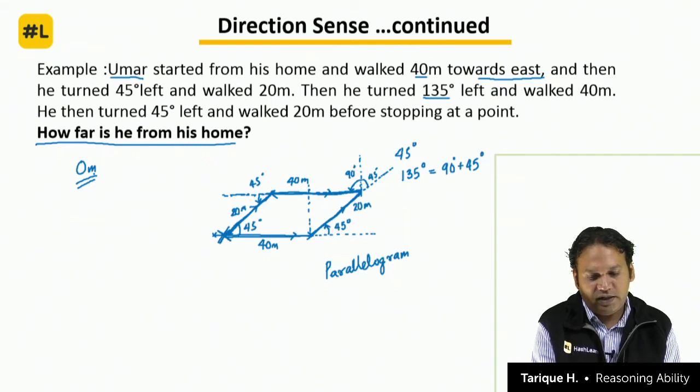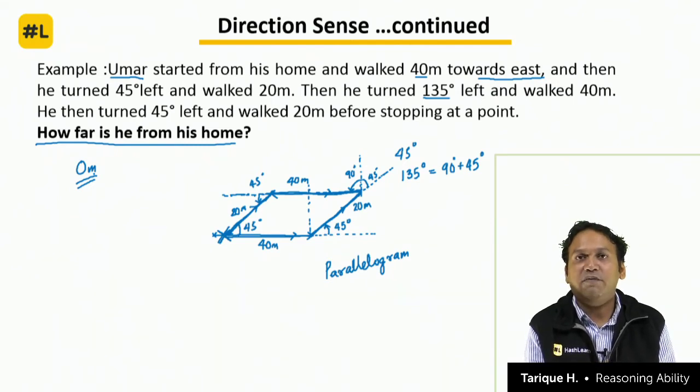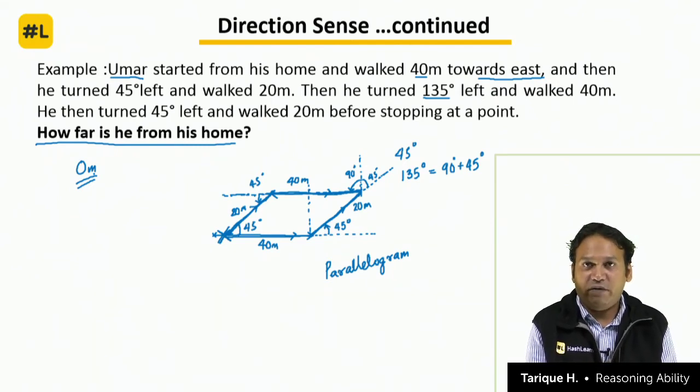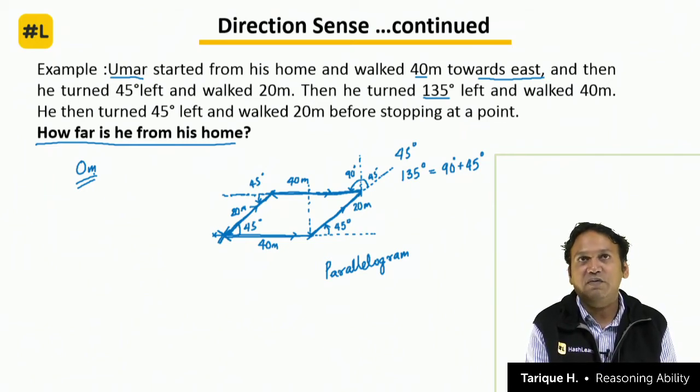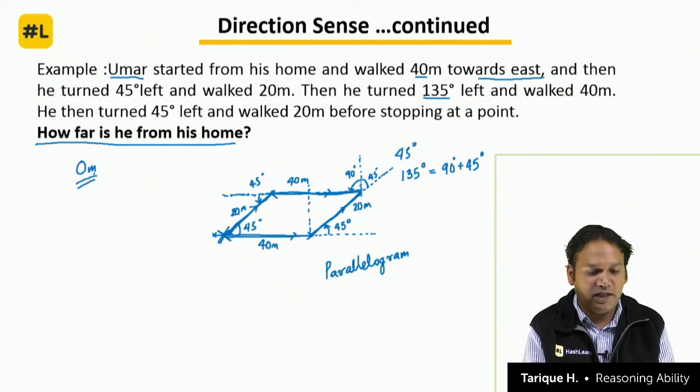So just understand how we calculate 45 degrees left or 135 degrees left. That has to be the main focus of the solution for this question, right. Once you understand this, even tougher questions on going left or right by some angle you can calculate quite well.